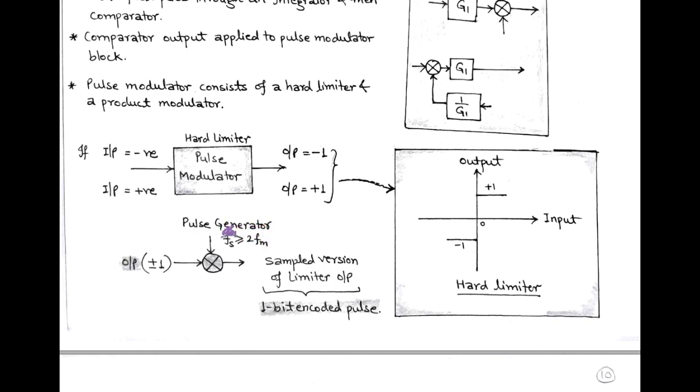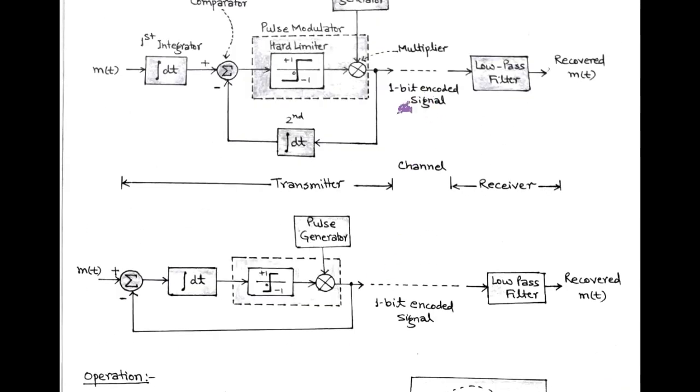Here, the pulse generator generates a pulse at a sampling rate Fs greater than or equal to twice Fm. And we get the sampled version of limiter output, that is called 1-bit encoded pulse. And this is transmitted through the channel.